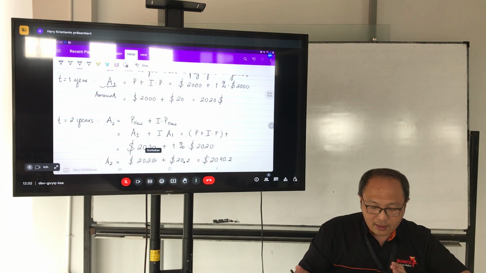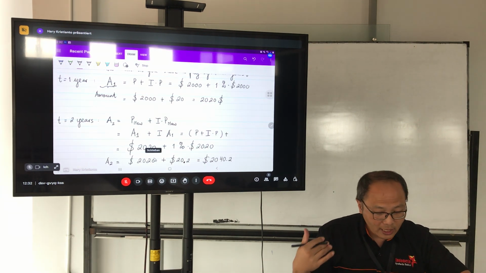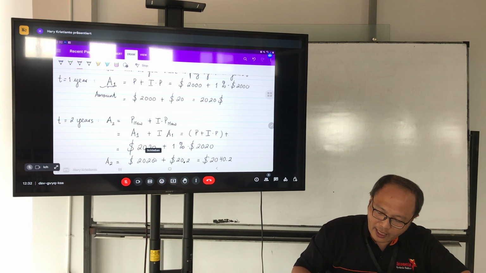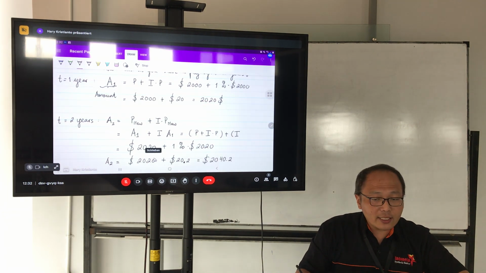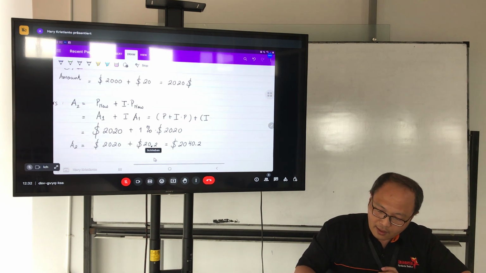The interest rate will be the 1% in our example, times the principal, plus IP. Got it?